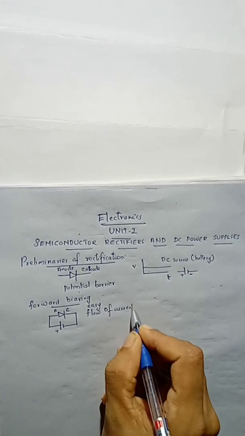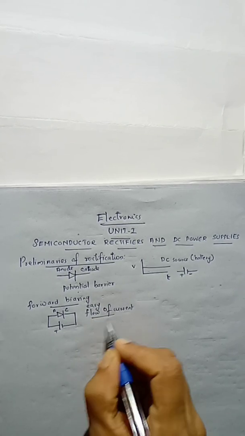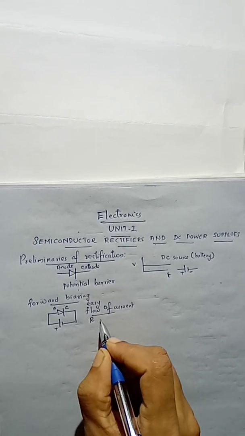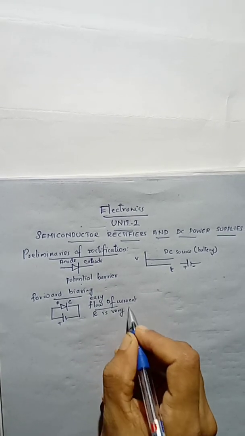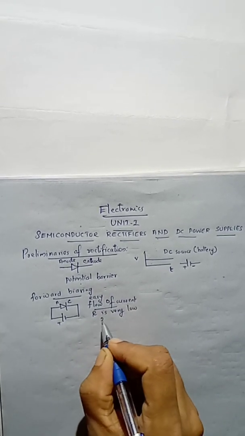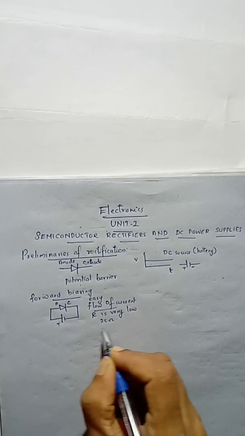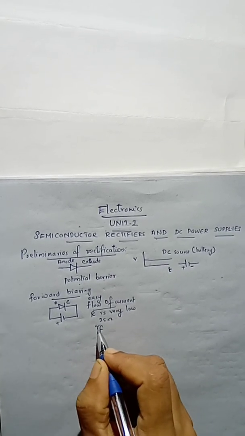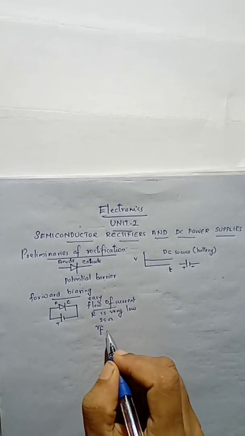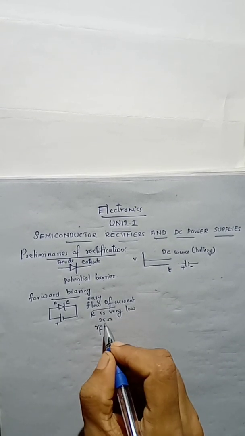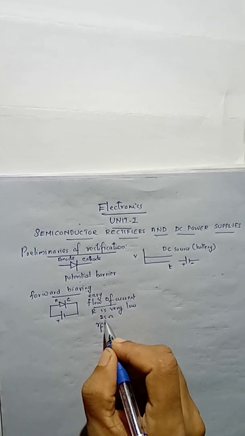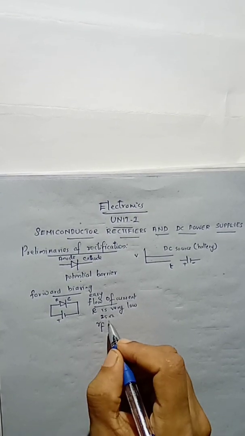If current flows easily, then resistance in this case is very low. Resistance is very low, of the order of some 25 ohms, and we usually represent that diode resistance by the symbol RF. That is the forward diode resistance. In the practical case, this value is very small, so we can neglect it.